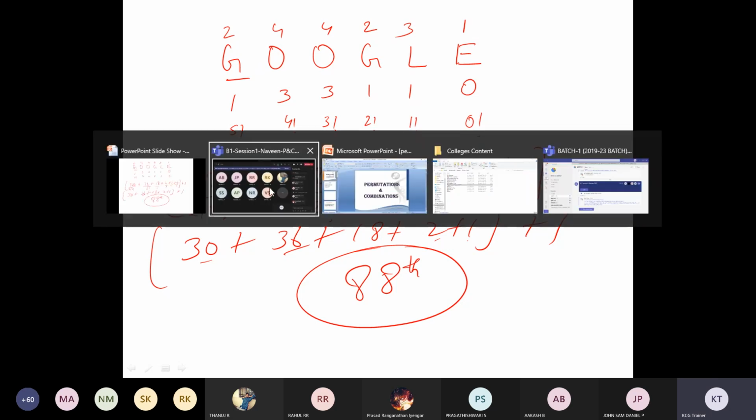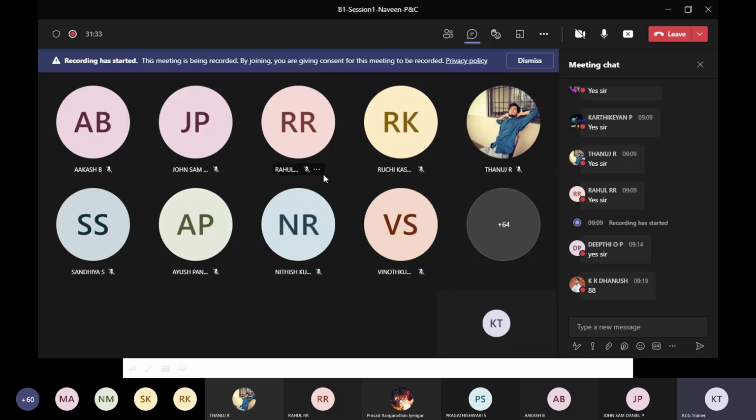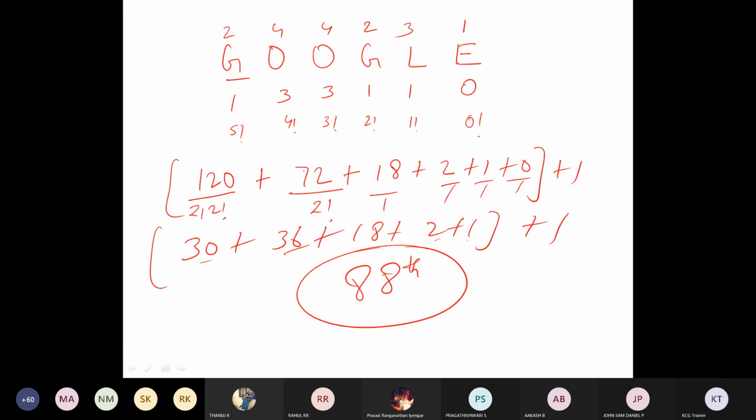Have others got 88 for Google? Dhanush, very good. Do it for banana. Find out the rank for banana.